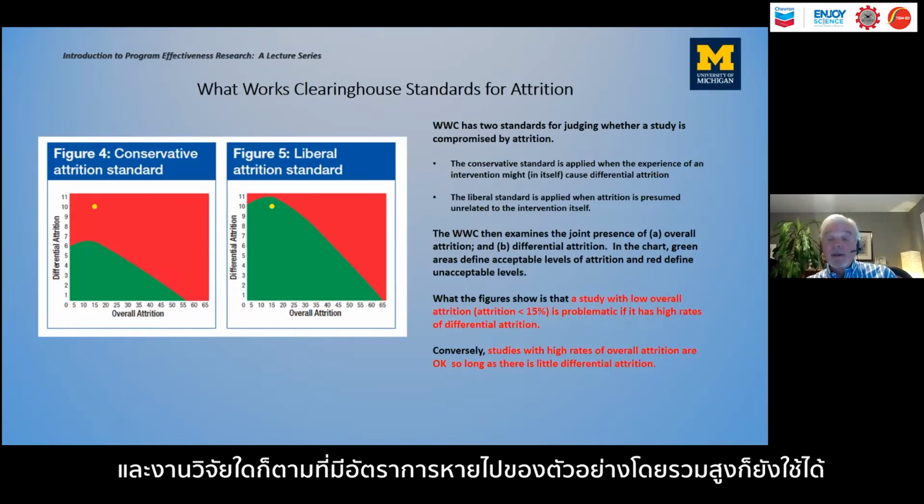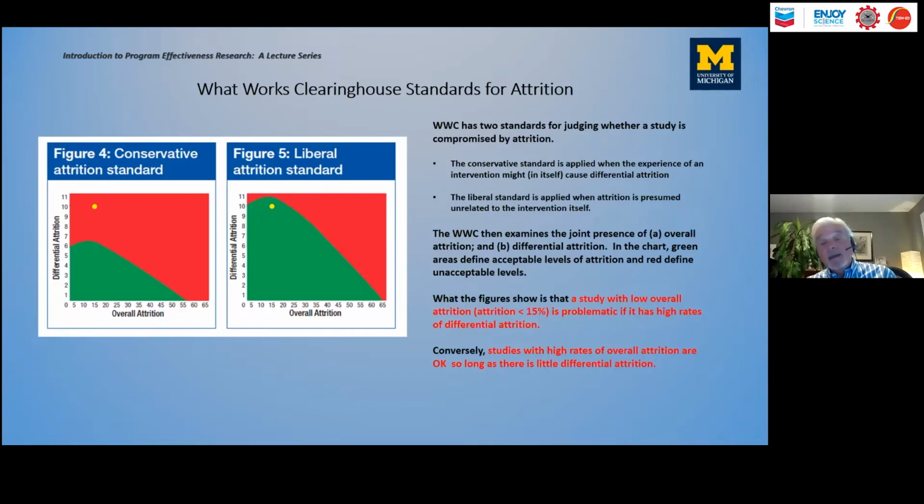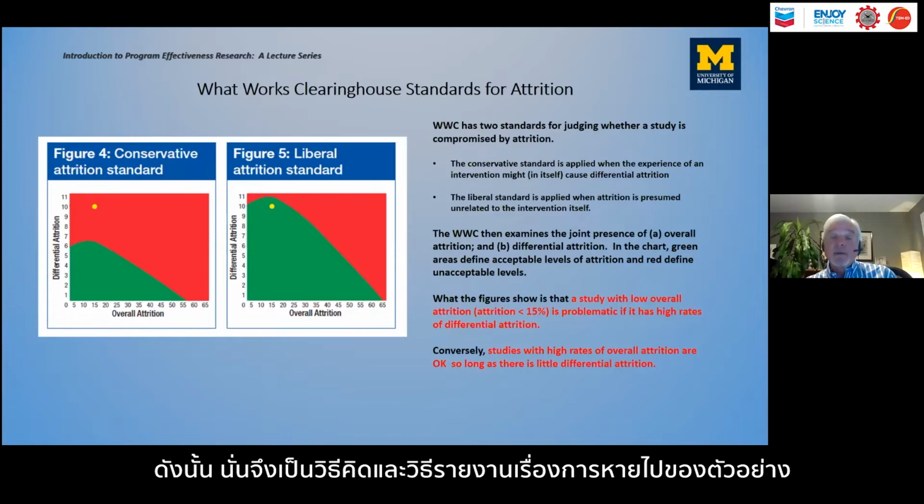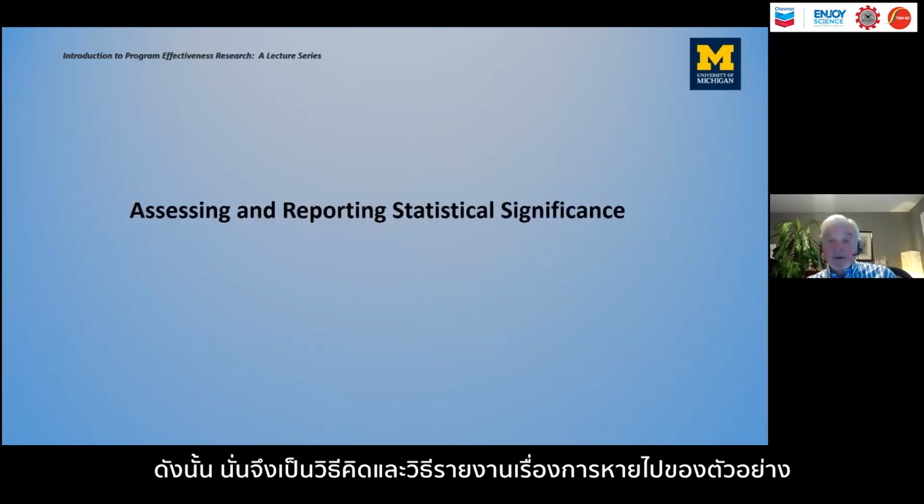And any study that has high rates of overall attrition can be okay if there's little differential attrition. So that's the way to think about and report on attrition.